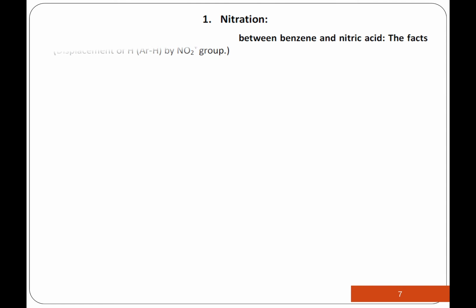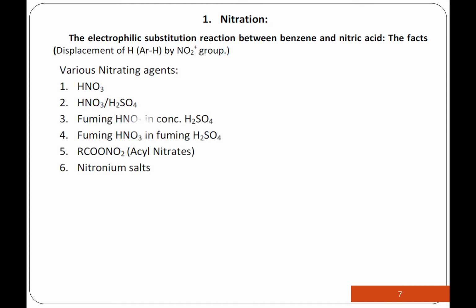First is the nitration. It is a reaction between benzene and nitric acid, and the electrophile is the positively charged NO2, that is a nitronium ion, and it displaces the H of the benzene. These are the 7 different conditions for nitration, that is concentrated nitric acid, or a combination of concentrated nitric acid and sulfuric acid, fuming nitric acid in concentrated sulfuric acid, or both the acids fuming.